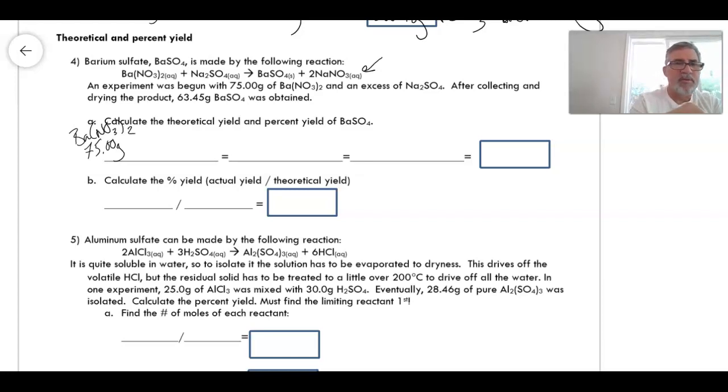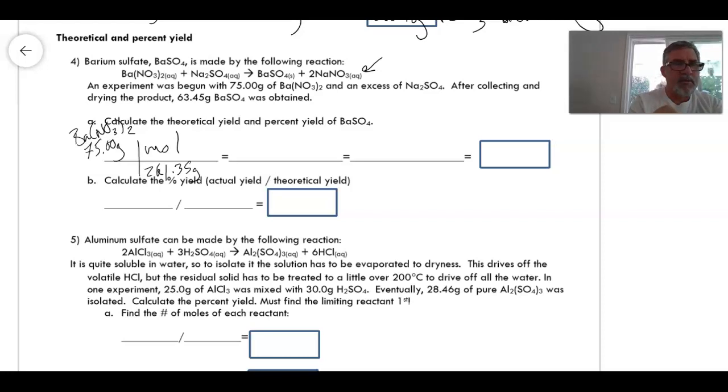So I can start with my barium nitrate. I've got to go to moles, remember. When I calculate my molar mass from the periodic table, I get 261.35 grams.